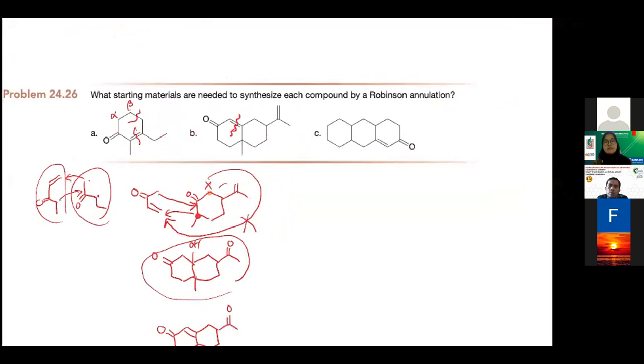Okay. Yes, cut to here. And this is alpha, beta. This one here and here. Yes, and here, the Aldol reaction, annulation.